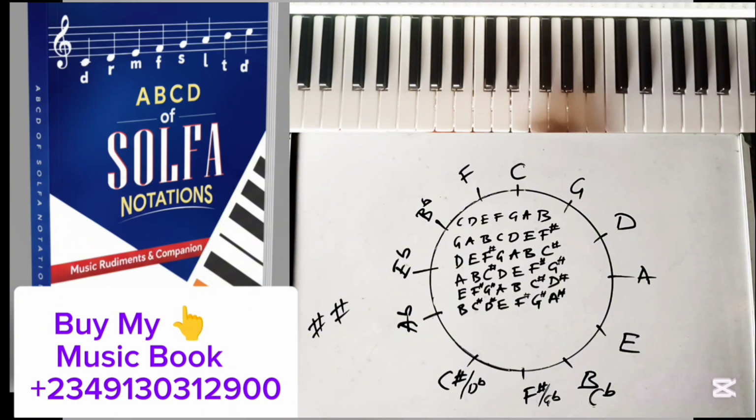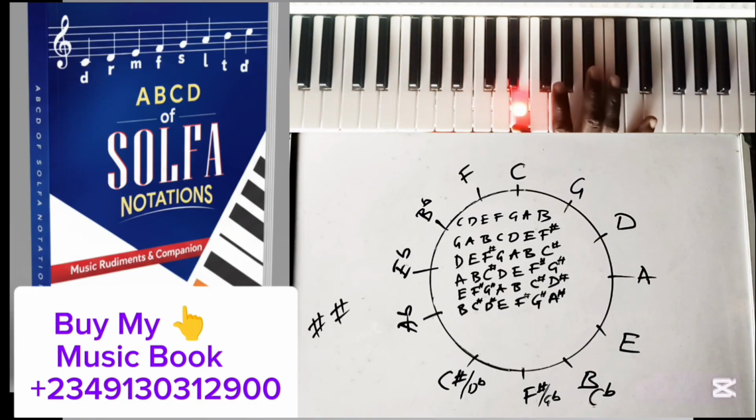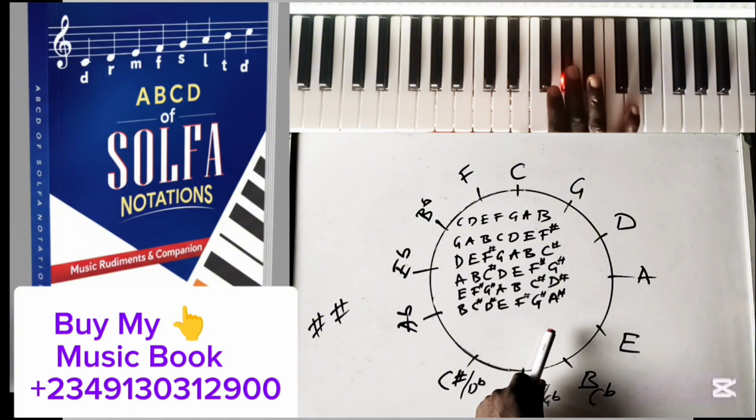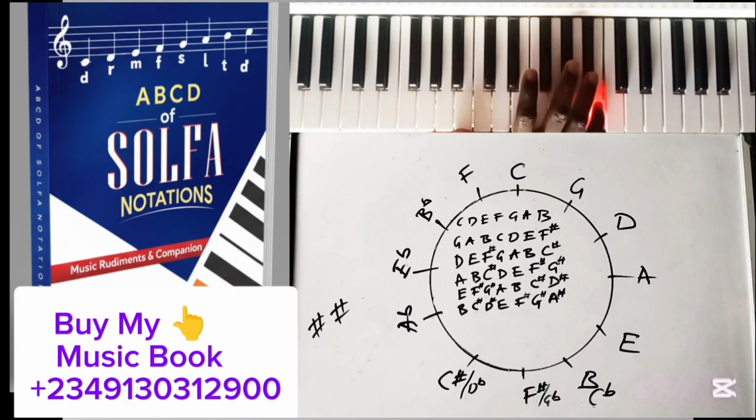So if you play it, you understand it. Let's go. This is B: B, C sharp, D sharp, E, F sharp, G sharp, and A sharp. This one is the upper octave of do now.